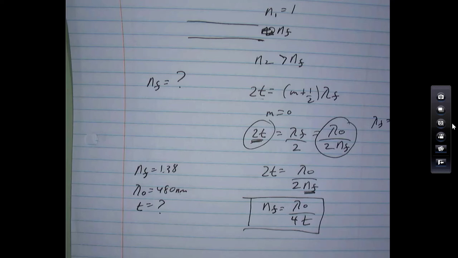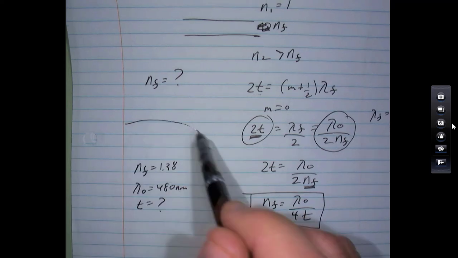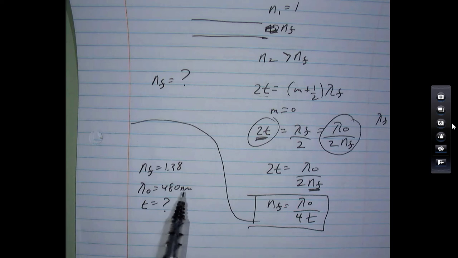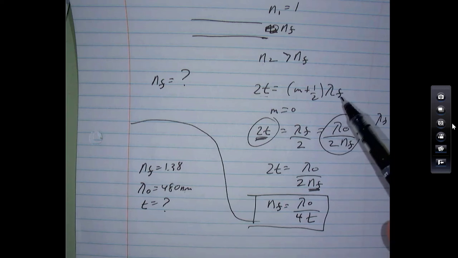Now the second part is kind of reverse engineering what we just did. Now if the index of refraction is 1.38, so they're changing it. What if this is 1.38, same 480 nanometers, what is the thickness? Same thing, just kind of do the problem in reverse, referring back to this equation.